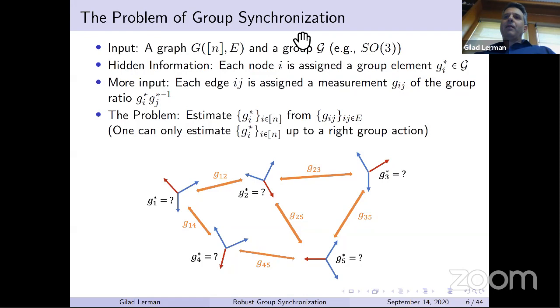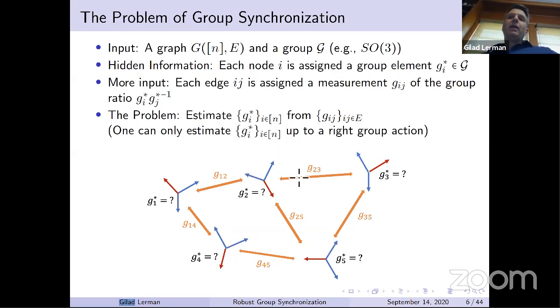Okay, I see some no answers, and indeed the solution is not unique, because if you multiply the group elements g1 star, g2 star and so on, from the right by an element g, then when you look at the group ratio, you have gi star g inverse, times g, gj star inverse. So you have in the middle just g g inverse, which is the identity. So multiplication by a group element from the right doesn't change the answer.